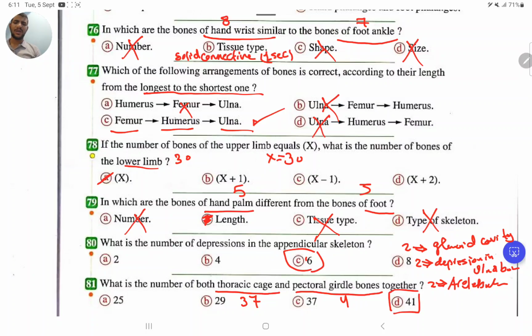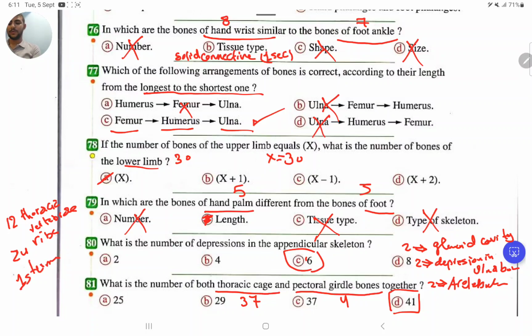Mr., please, I can't remember why the thoracic cage is 37 bones. So here I mention that I have 12 thoracic vertebrae, 24 ribs on both sides, and 1 sternum bone.